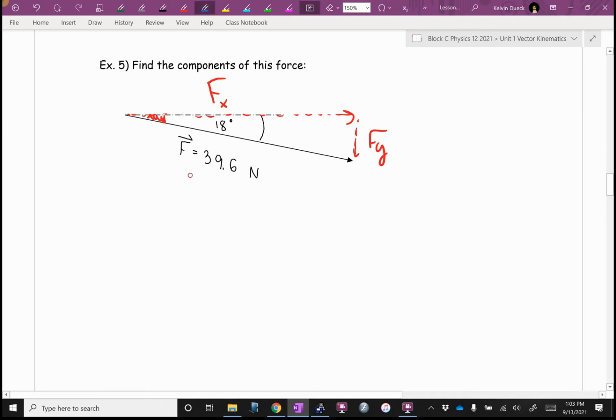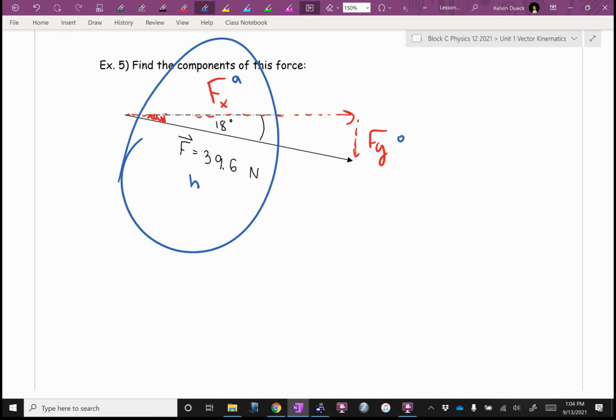What about Fx? What about Fy? Good. What do you want to find first, Fx or Fy? I don't care. Fx. So we're going to use those, A and H. Which trig function? Yeah, of course it is.